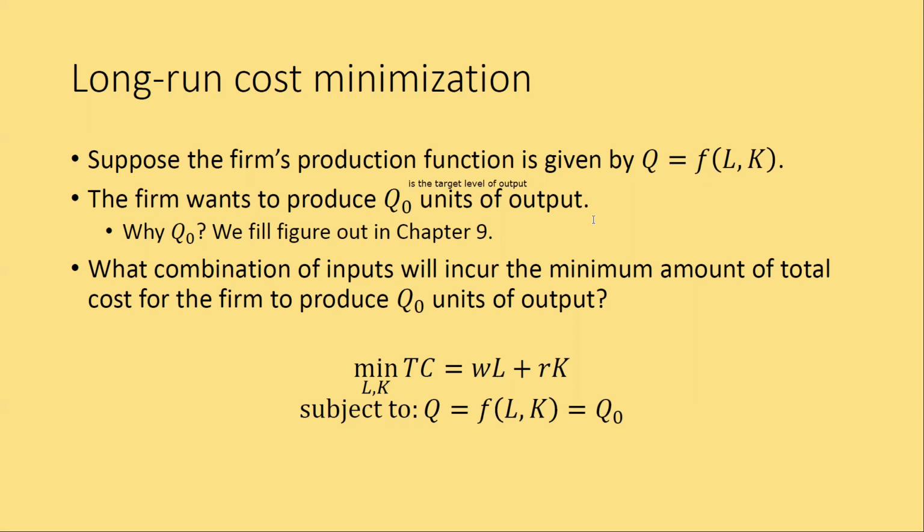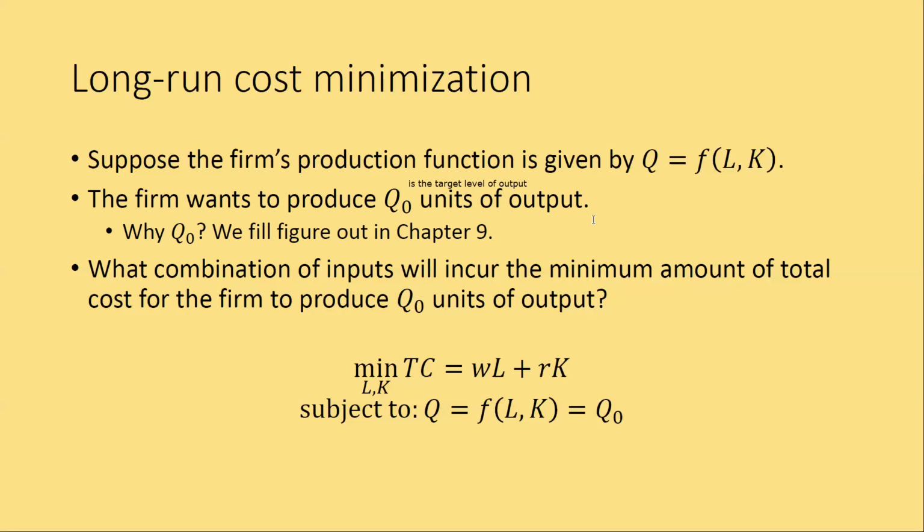After answering this question, then we can look at, well, if the output of the firm is sold in the market at some price, then which Q0 should the firm choose to maximize its profit? And well, we will solve that in chapter 9. But for now, let's just say the Q0 is some exogenously given value.